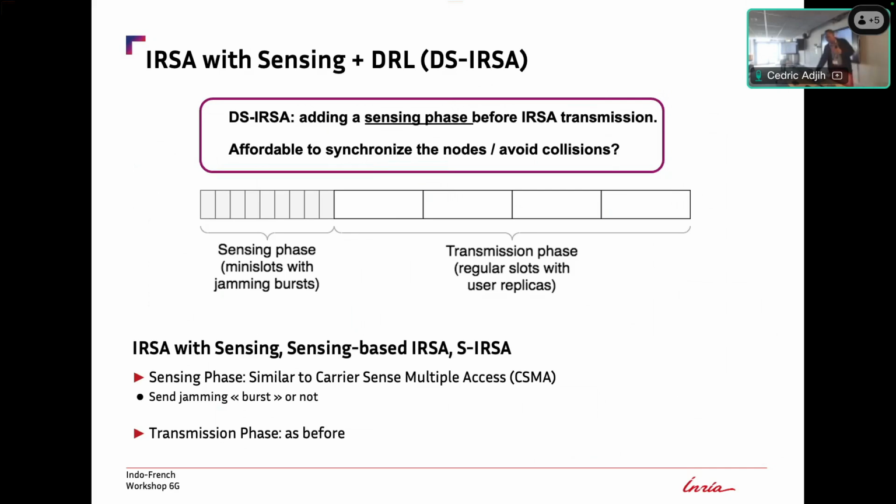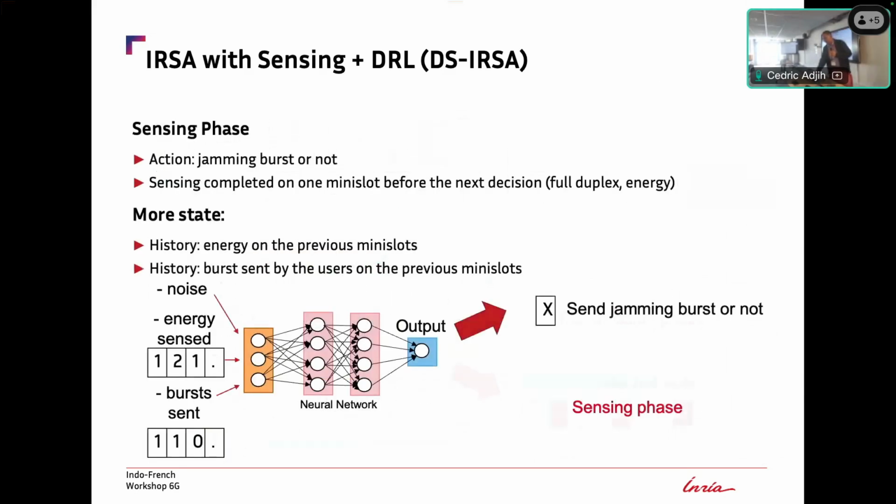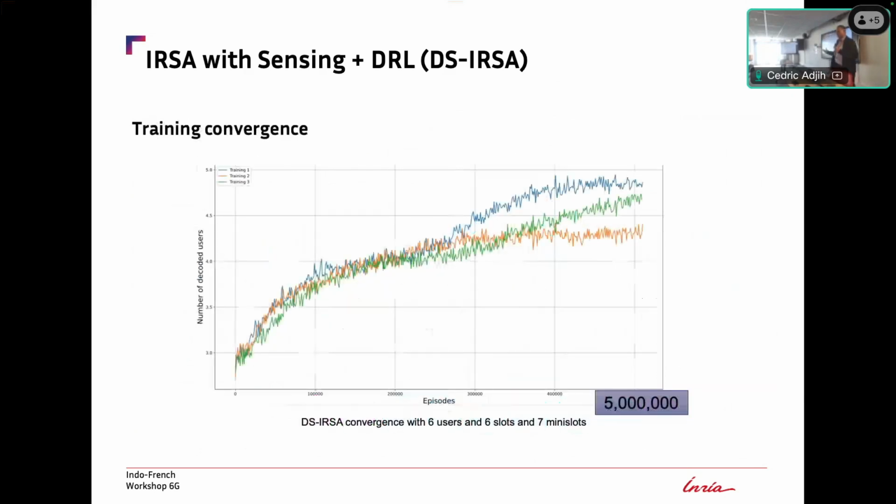Anyway, there's an interaction phase, and I just want to mention that users interact, so they take the decision to send a burst or not, and you can apply DRL, and it's more complicated because your action space is not only a single decision that you take one time per user, you have to take several decisions. And it works only for a limited number of users.